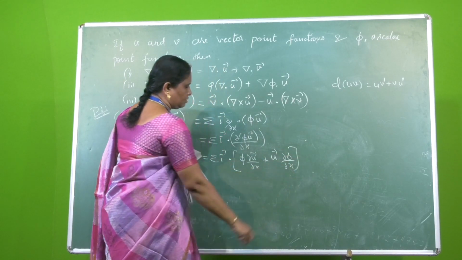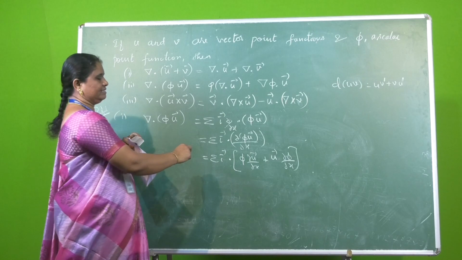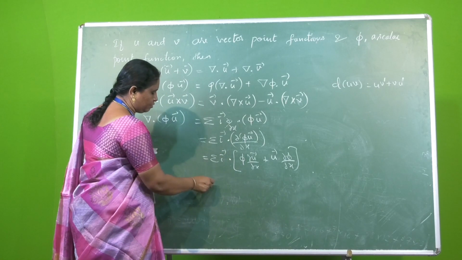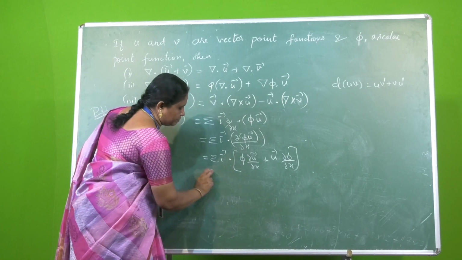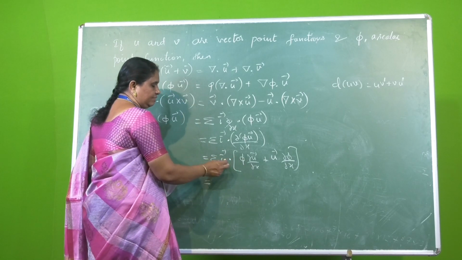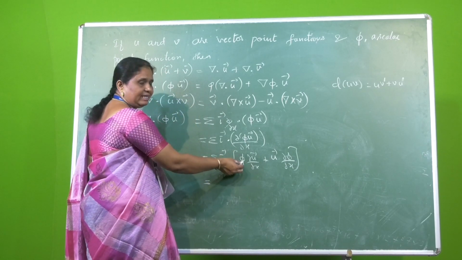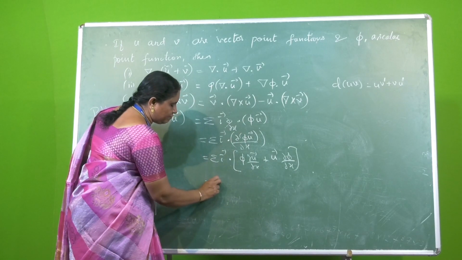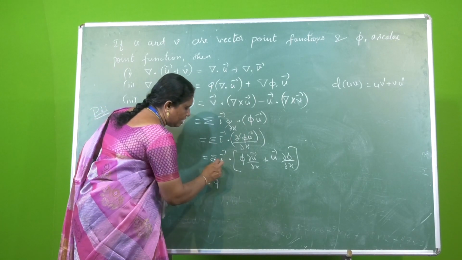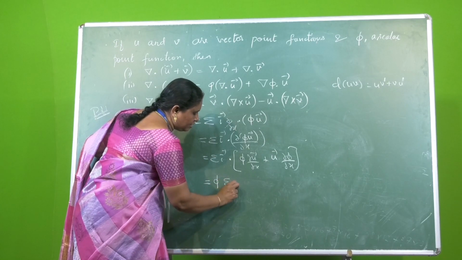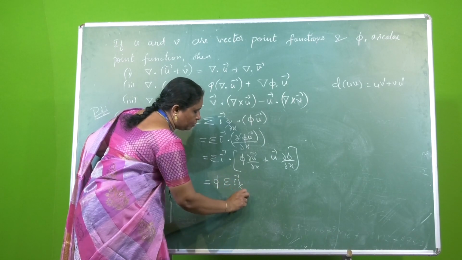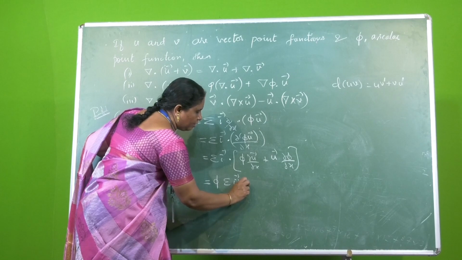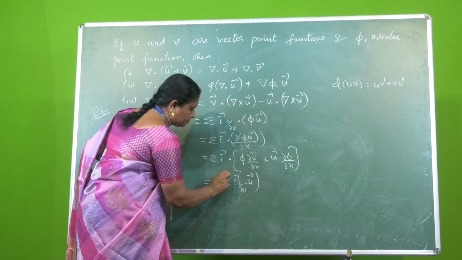Now bringing the summation to both the terms, we get summation. As in the first term phi is free of summation, we are taking phi as a common term and into summation i dou by dou x dot u vector.